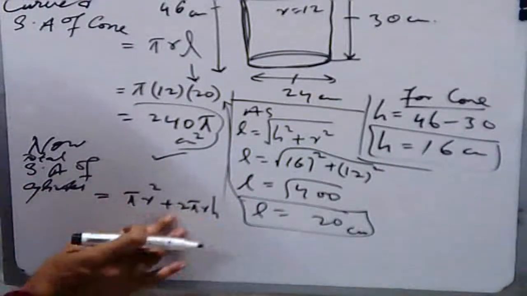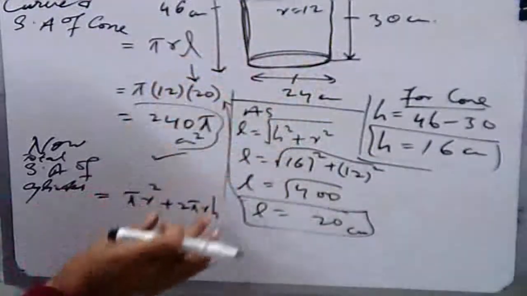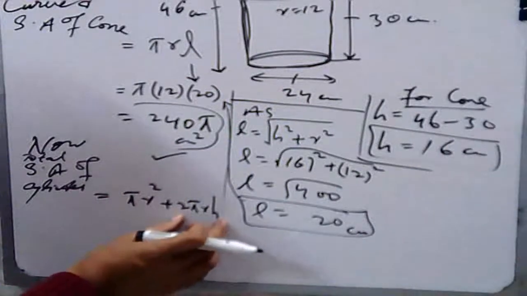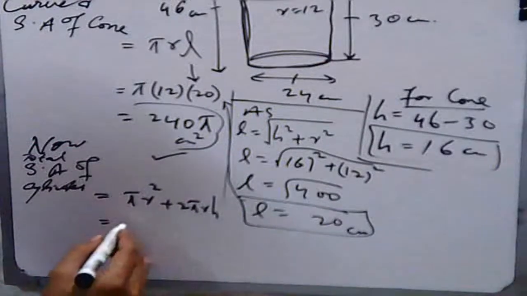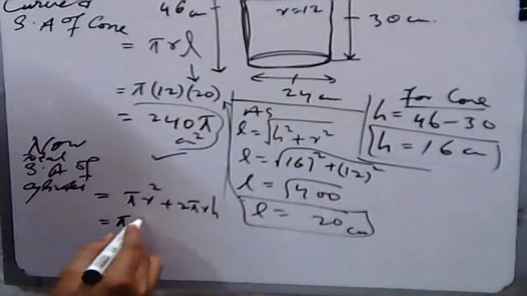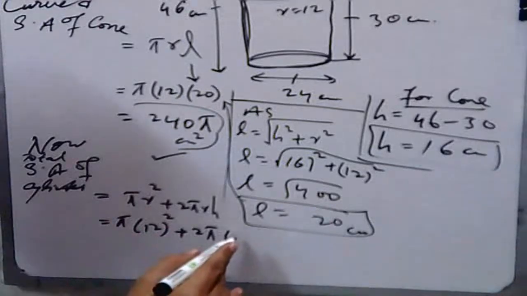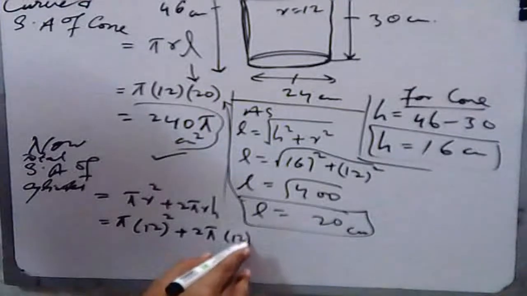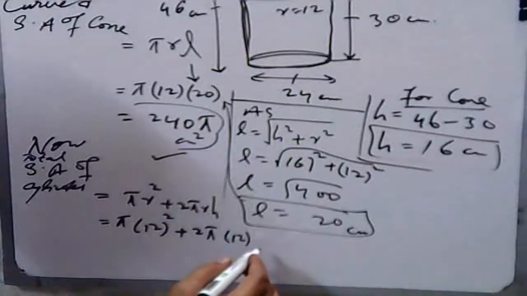So putting the values, the value of pi we are unable to put because we are bound to say so. Pi times r is 12 square plus 2 pi, the value of r is again 12, and h is the cylinder height, that is 30. So put here 30.